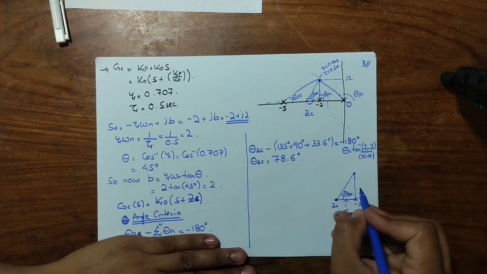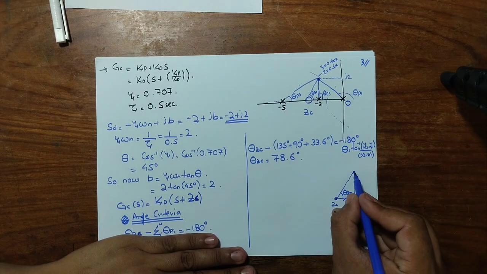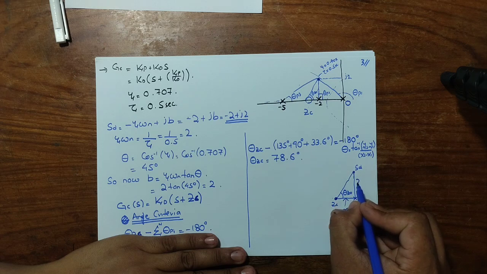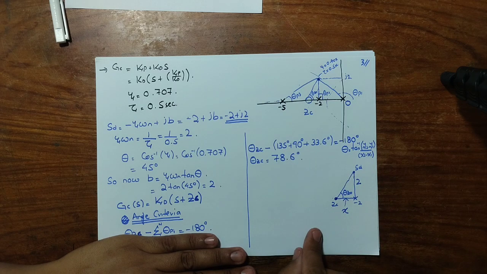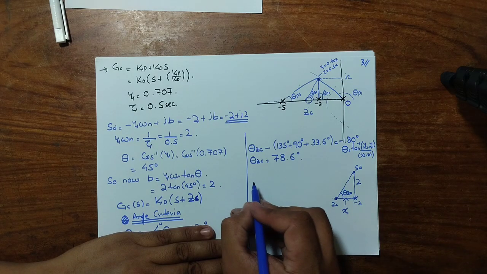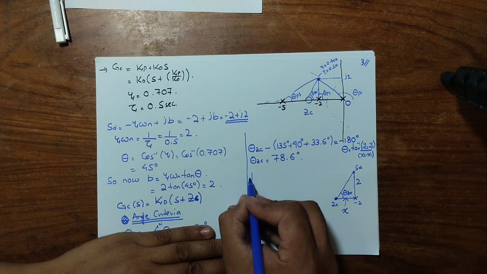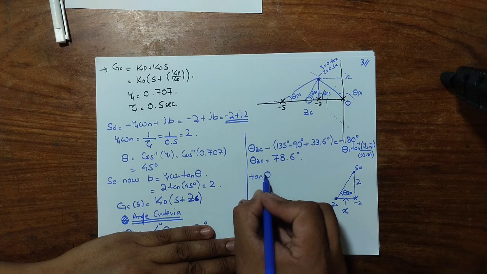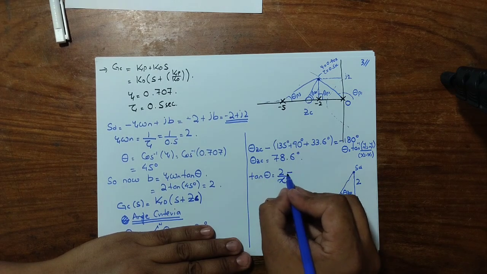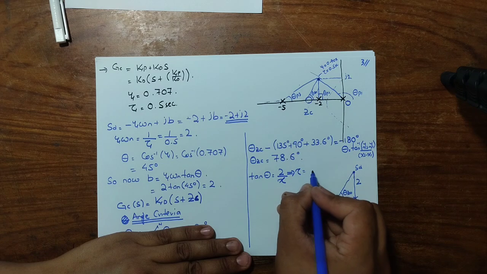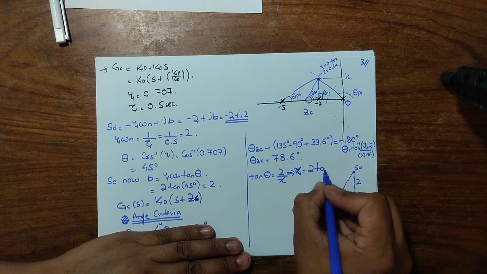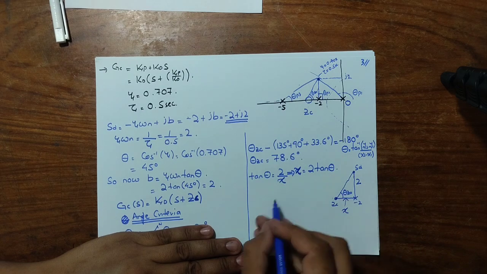Let's call it x, and we know that the desired point's imaginary axis contribution is 2, right? So I'm writing the magnitude instead of real and imaginary axis contribution. By following tan theta, we can see that it is 2 by x, or simply x is equal to 2 times tan of theta, where theta is this angle.